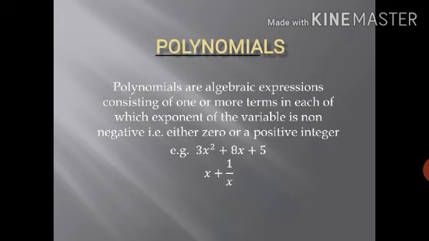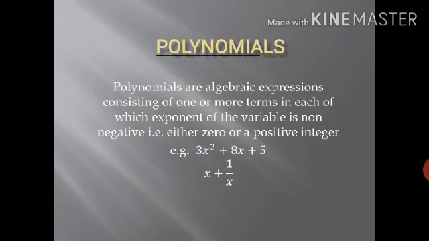Next, we have polynomials. Yes, polynomials are also algebraic expressions. They can have one term or more than one term. But in polynomials, the exponents of the variable are non-negative. So what is an exponent? Exponent means the power of the variable. The variable can be any of x, y, z or any other variable.